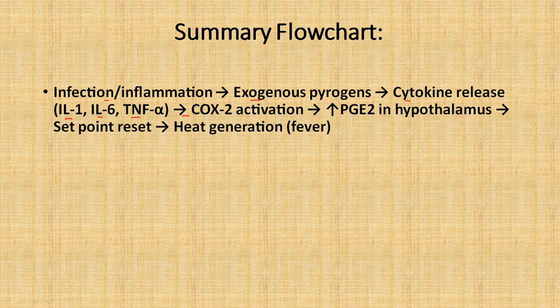This will result in COX-2 enzyme activation. This will therefore elevate the formation of prostaglandin E2 in the hypothalamus. This will now cause the resetting of the hypothalamic set point, resulting in heat generation and subsequently a fever.